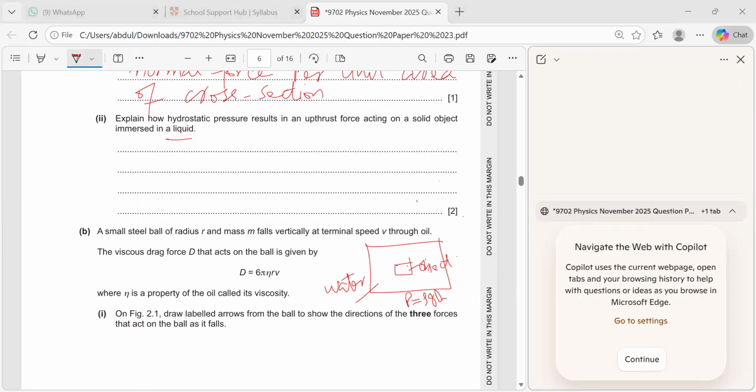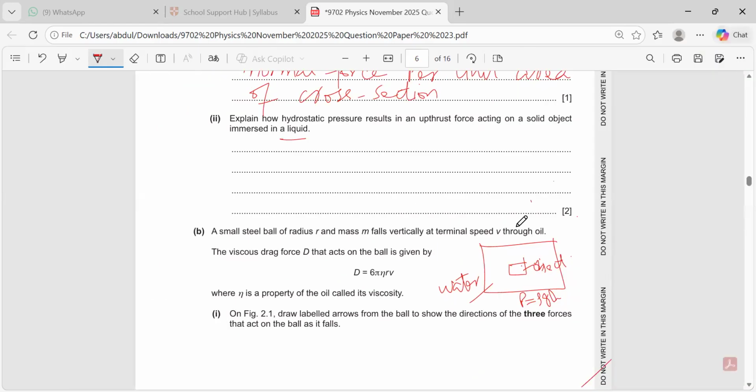just a minute, dear friends. So now, the height over here, let it be H1 from the surface of the water. And from the bottom of this object, this height is H2. Now pressure is directly proportional to depth.